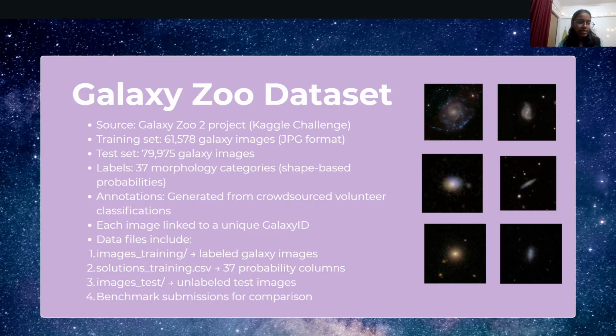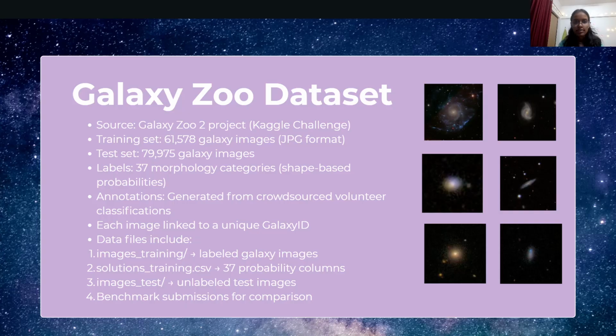First is the image training folder for labeled training images. The second is the image test folder for unlabeled test data, and a file called solutions training.csv that contains the 37 probability columns for each training image. We also have benchmark submissions available to compare our model performance with existing approaches.